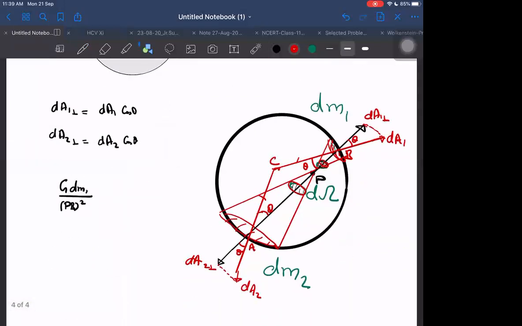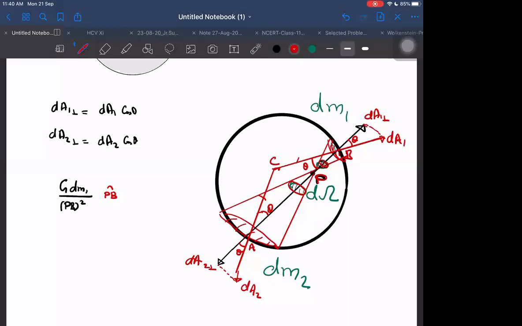So now we want to find the field at point P due to mass B. Then it will be towards B. It will be towards B. Then which direction is it? It is towards the direction PB cap. Right, sir.